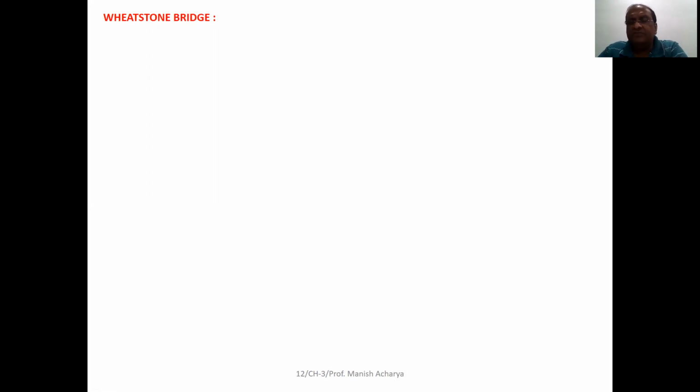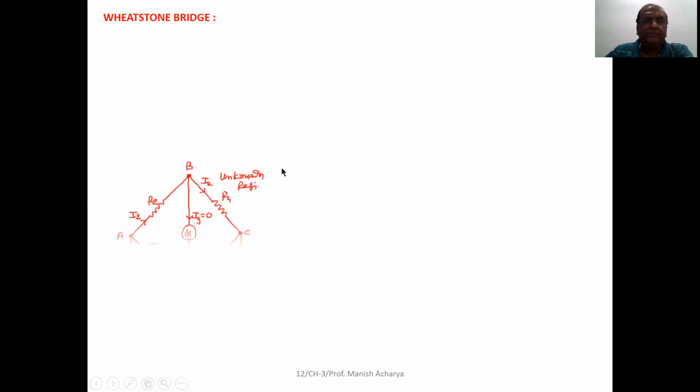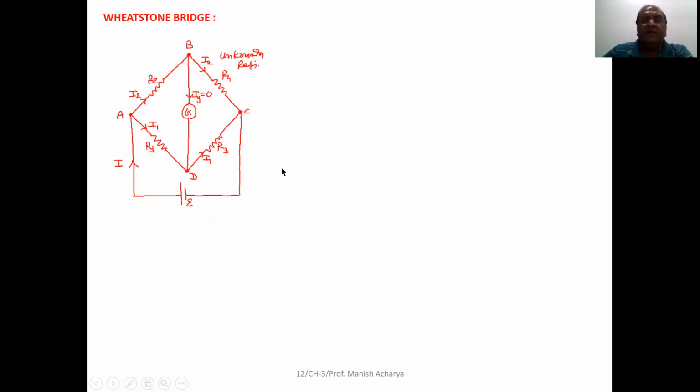Okay, so first we have to understand theoretically the circuit of the Wheatstone bridge, and then after we will discuss the experimental circuit which we use in laboratory. Now see, in Wheatstone bridge circuit, a loop is formed by connecting 4 resistors as shown in this figure.